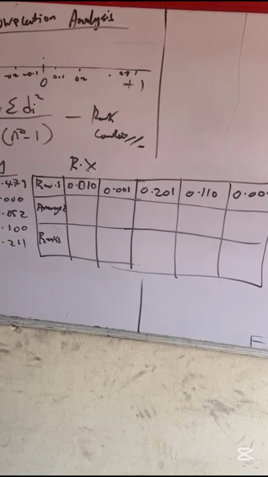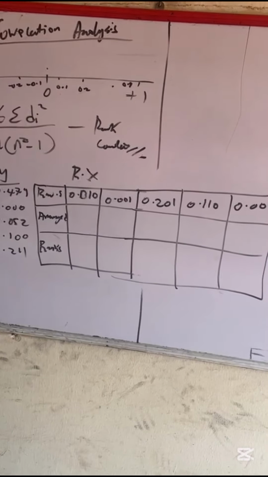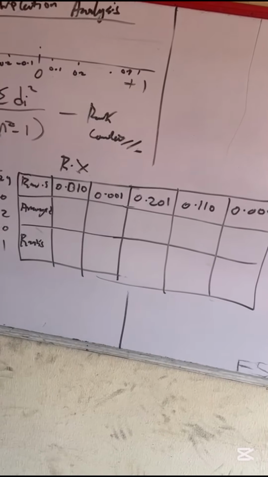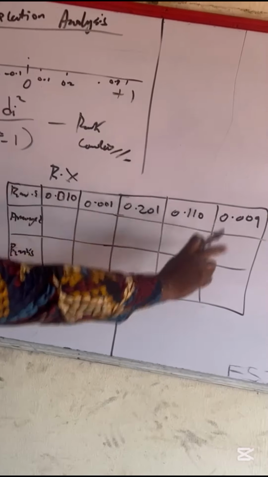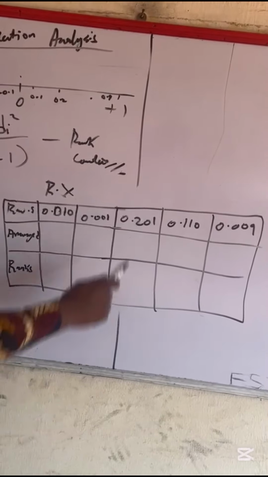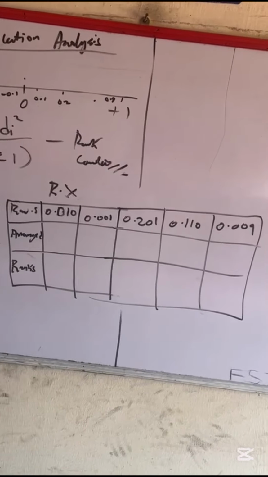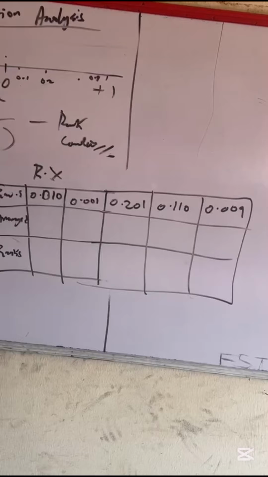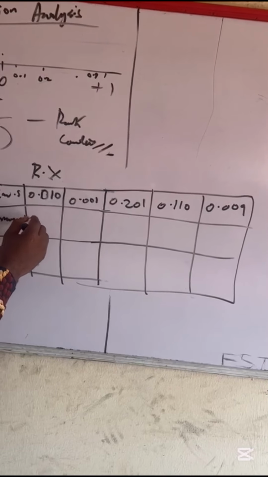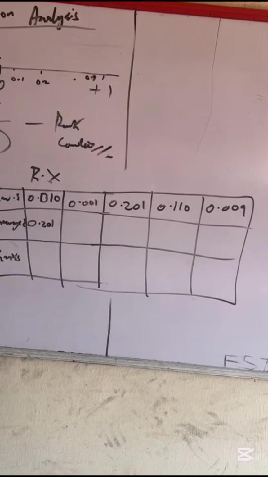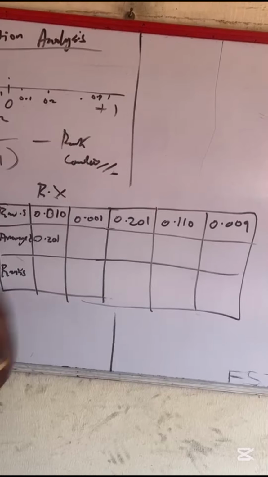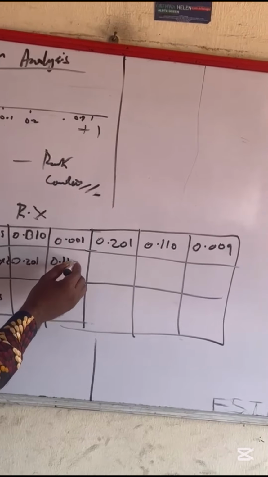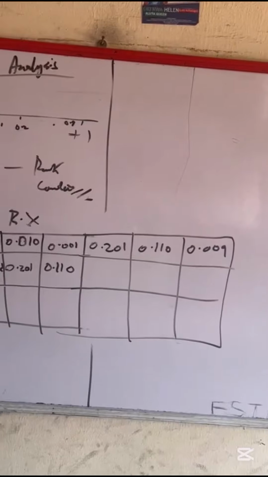All right. So let's arrange them. The highest number here will come here. Which one among these is the highest number? I think we choose this 0.201. So followed by which one? This 0.110. So which other one?